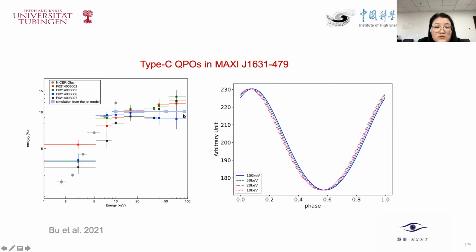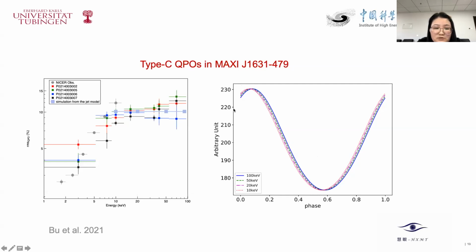I have to stress that in this model, we only consider energies above 10 keV, because below 10 keV there are disk emission variabilities included in the RMS, so it is a little bit complex to simulate. It can also explain the time lag with energy.